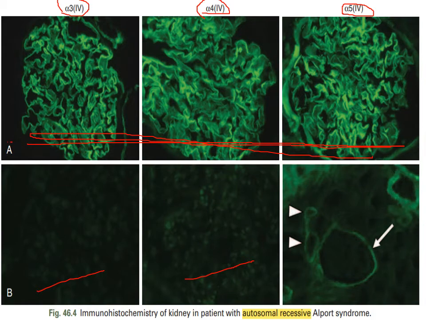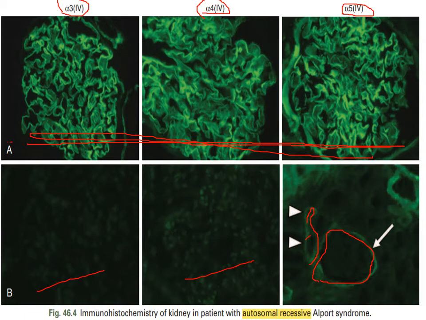Alpha 5 is the main differentiating one between X-linked and autosomal recessive. If alpha 5 is absent in the glomeruli and basement membrane tubules, it is X-linked. But if you look here, you find it is positive in the Bowman's capsule and tubular basement membrane.